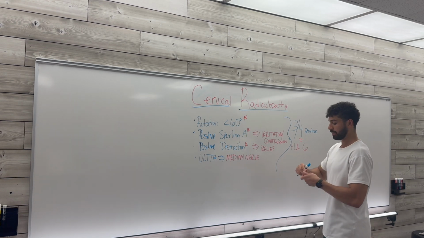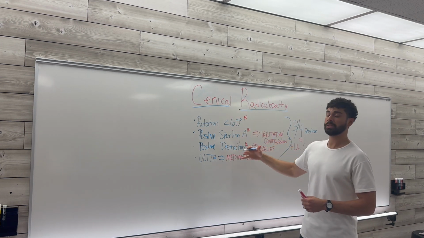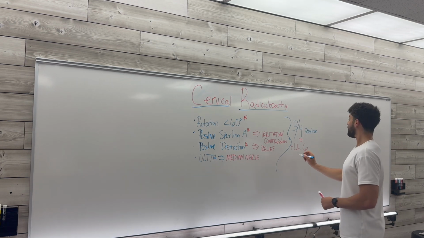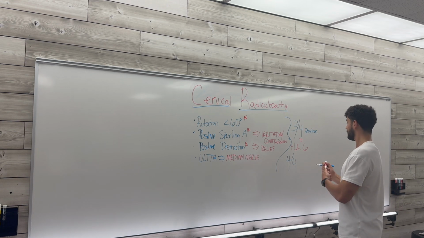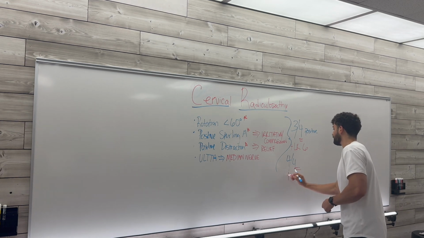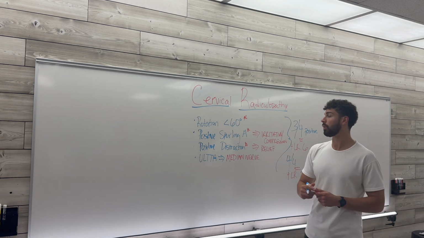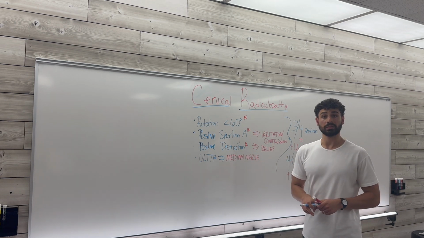That means that there's a likelihood that if somebody has 3 of these 4 tests positive, that they have cervical radiculopathy. If all 4 of these are positive, it jumps up to 30. So you can be quite confident if all of these tests are positive that your patient has cervical radiculopathy.